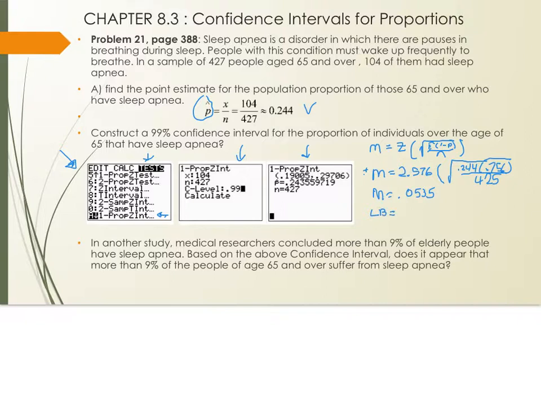Okay. So our lower bound is going to be p hat, which is 0.244, minus 0.0535, and we get about 0.1905, and our upper bound is equal to 0.244 plus 0.0535, which equals approximately 0.2975.